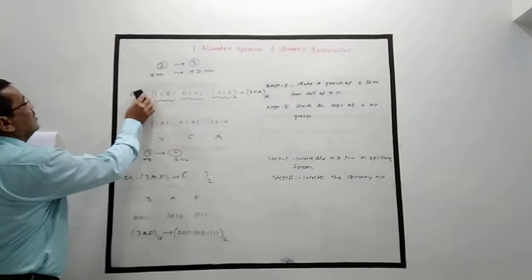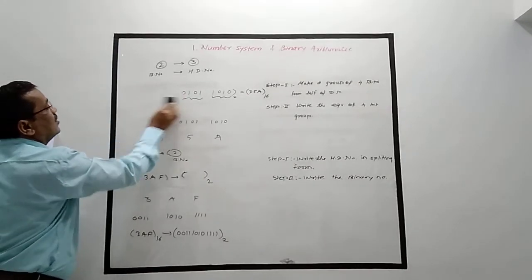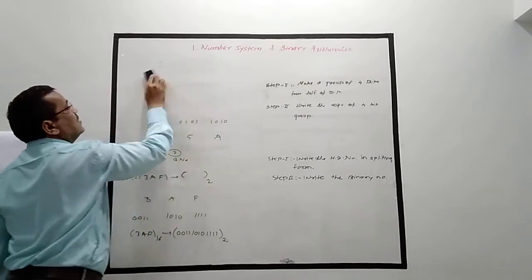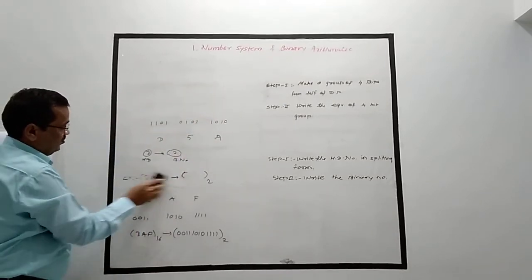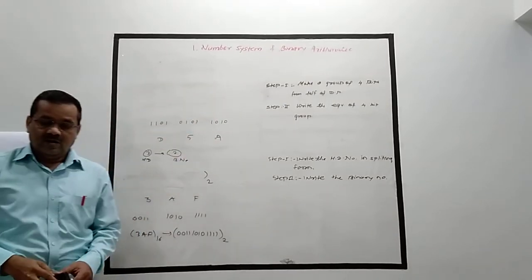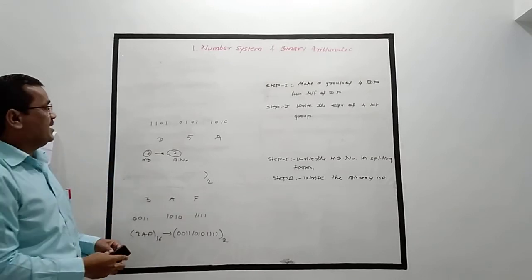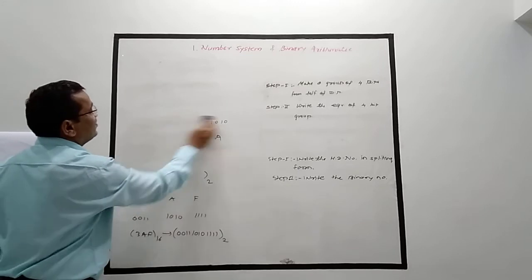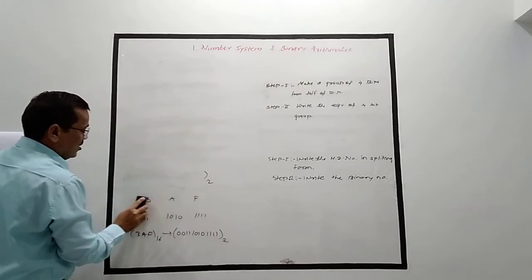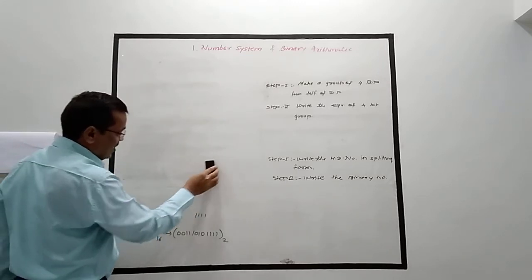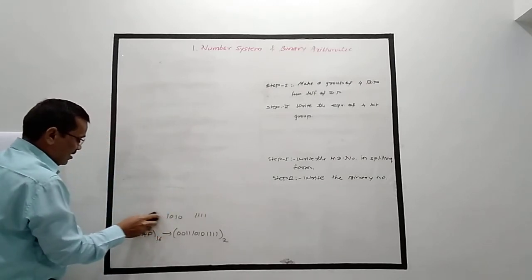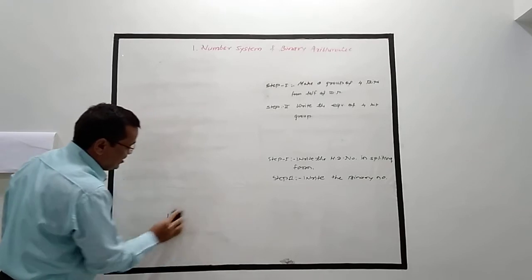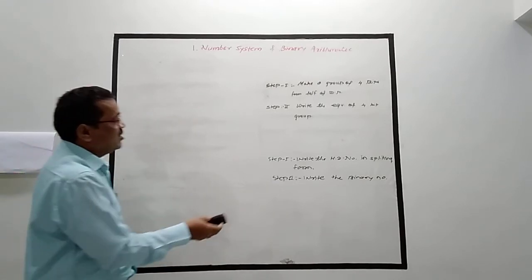Next, BCD, binary coded decimal. What is the BCD code? One is the decimal number system, second is the binary number system, and the third number system we know is the hexadecimal number system.